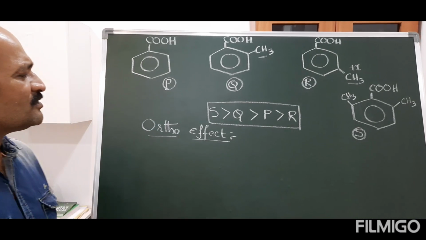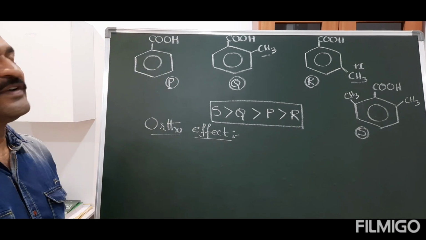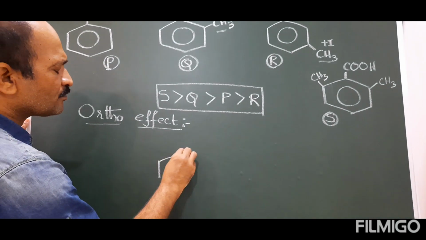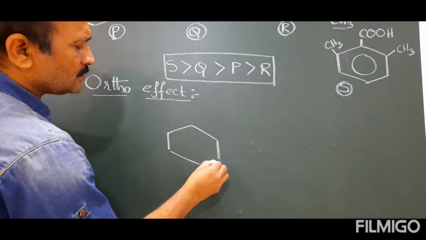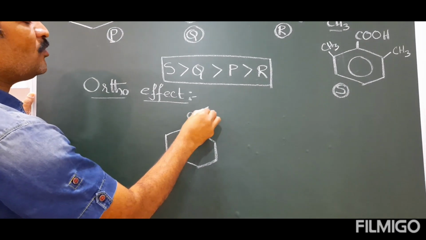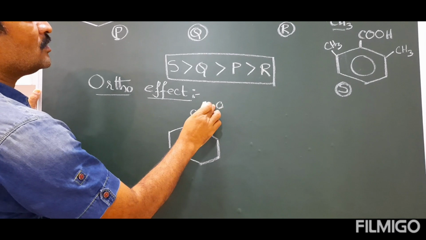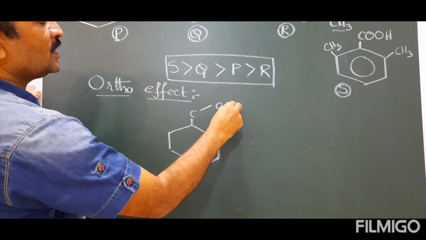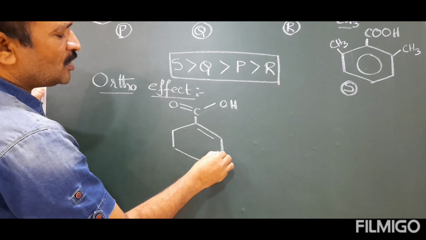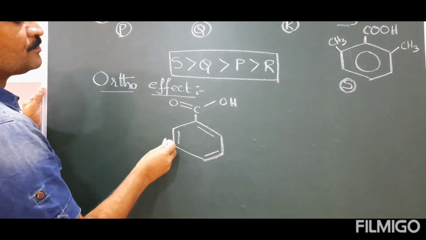Let's see, students, why, because of the ortho effect, the acidic strength increases. Take a look. Here is C double bond O, and OH. Here are double bonds.